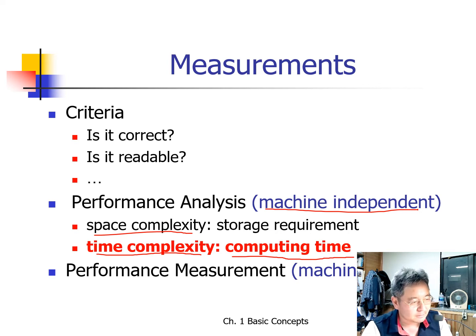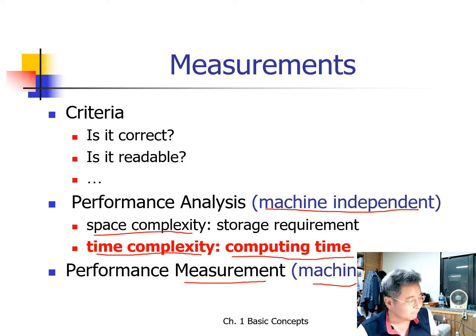In contrast, performance measurement means that we check actual performance numbers. That depends on the machine, meaning the computer, how fast the computer is. That will affect the measurement.